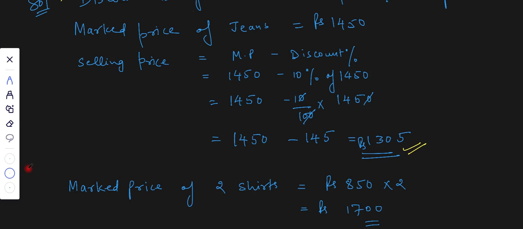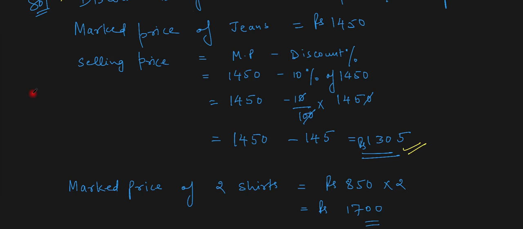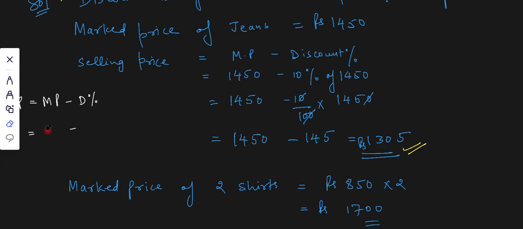I'll write the formula here: SP is equal to MP minus discount percent. This is the simple formula.